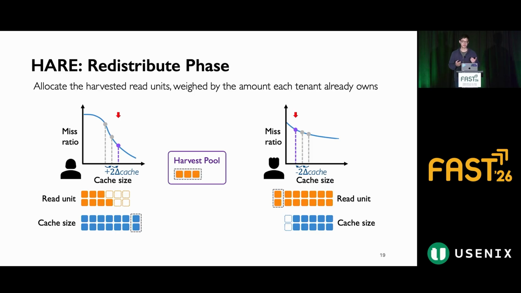The goal of the redistribute phase is to allocate the resources in the harvest pool weighted by what each tenant already owns. Here, Bob has twice the amount of read units as Alice, so Bob will get 2/3 of the harvest, and Alice will get 1/3 of the harvest.